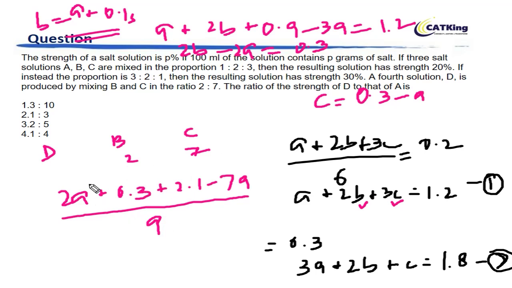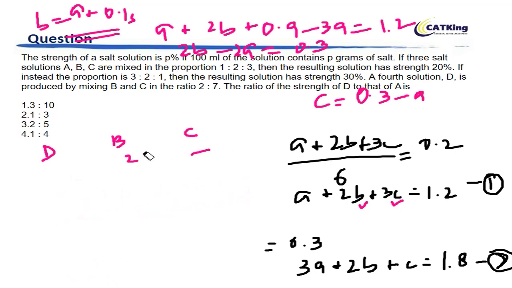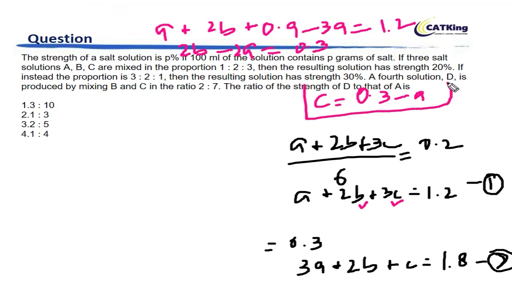So this becomes 2.4 minus 5A divided by 9. I think we have lost this. We have to actually check the calculation here. I think there seems to be some mistake here. So after we have found C is equal to 0.3 minus A, let's put it here.